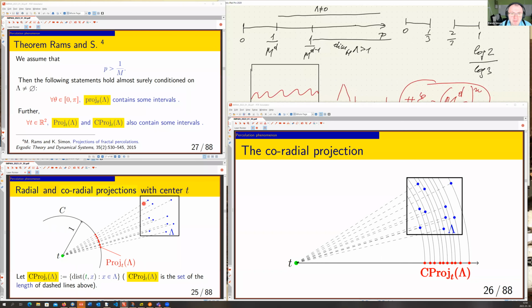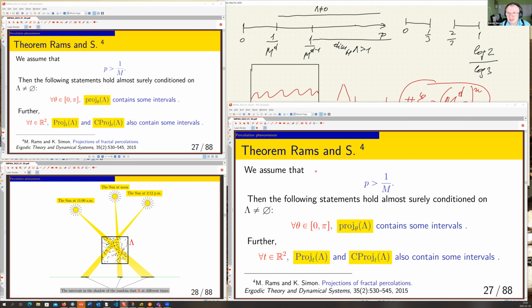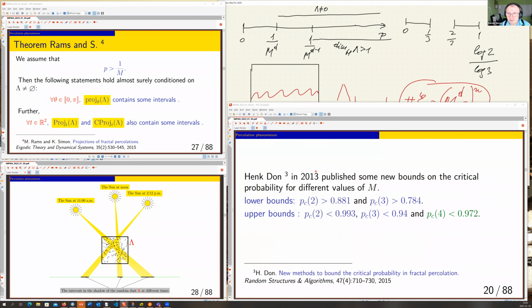This was our paper with Michal Rams, and then you certainly have seen this picture with which we want to popularize this theorem, in particular the first part of the theorem. If you have, on the plane, such a Mandelbrot percolation set, the interesting situation is when the probability is bigger than 1 over M. So for example, if M is equal to 3, then 1 over 3, and in that case, the critical probability is estimated here.